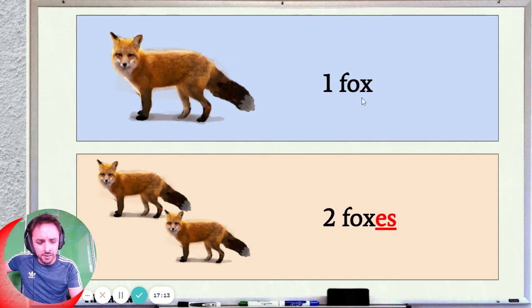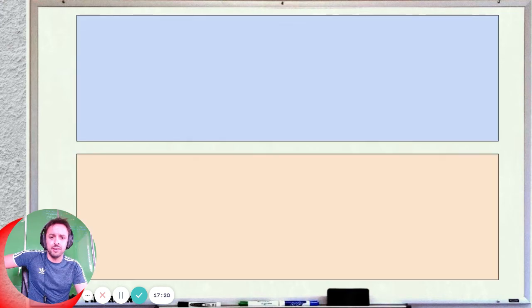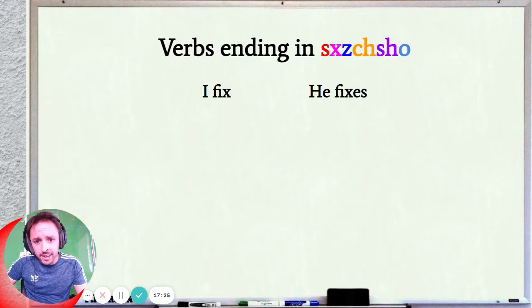So remember, if the word ends in any of these letters, then you add ES, not S. Okay, so verbs ending in it.